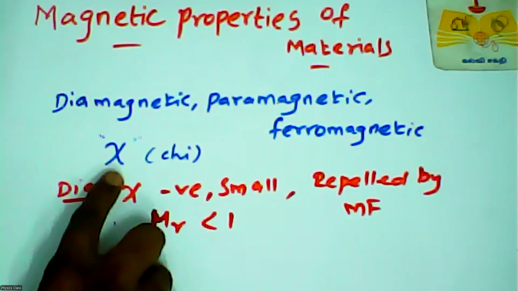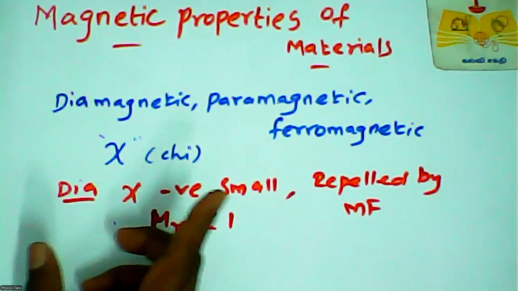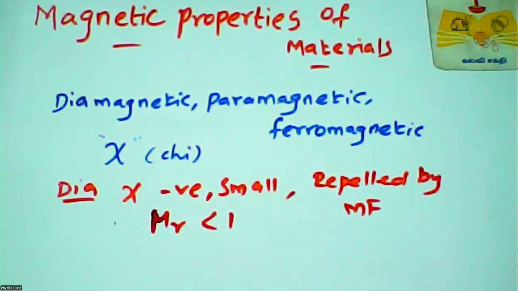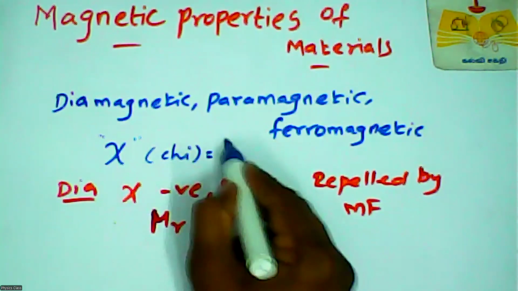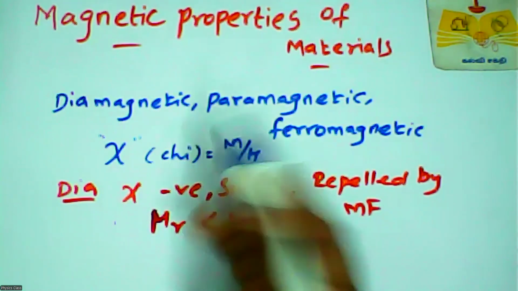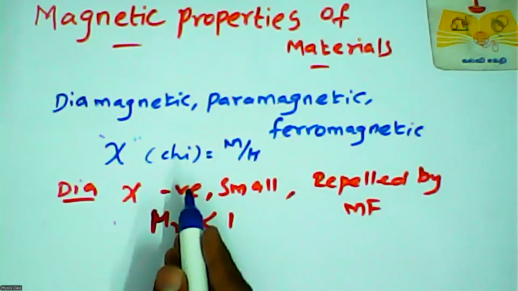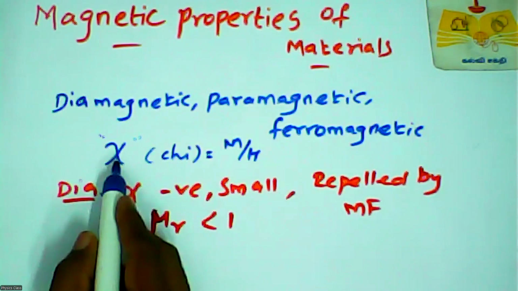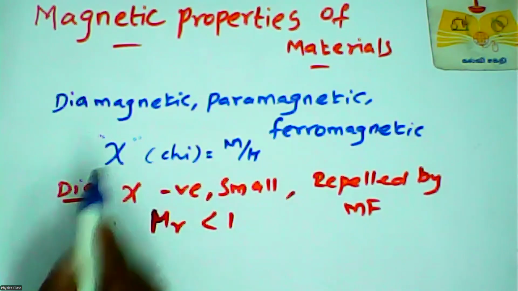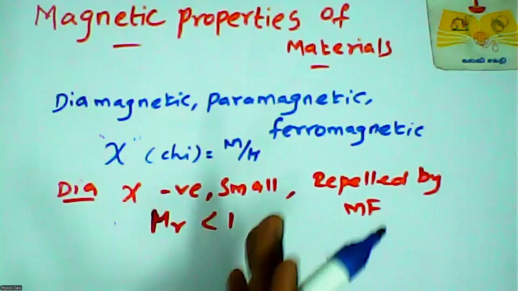It is the ratio of the magnetization M produced in the material to the magnetic intensity H. M by H. M means magnetization, H means magnetic field or magnetic intensity. So a high psi means the material is magnetized strongly.